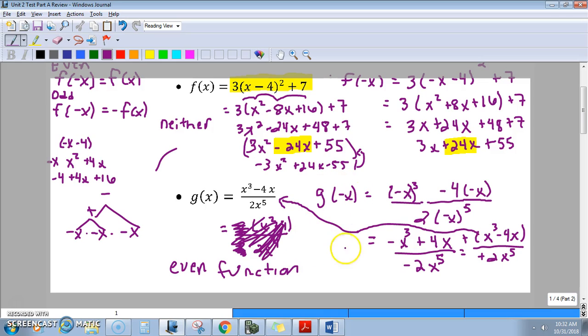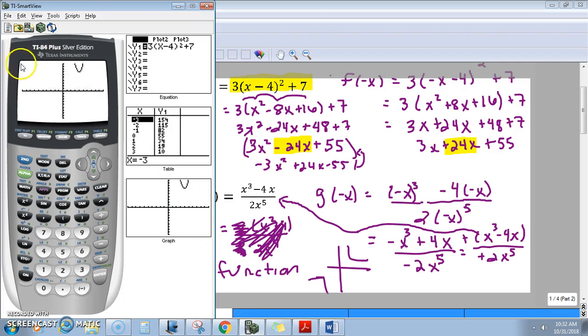Okay, and when you graph it on the graphing calculator, it's going to be some form of rational function, so let's do that so that we can see what it looks like. Don't forget I have to put the entire numerator in parentheses, so that's going to be x cubed minus 4x parenthesis divided by, might as well put this in parentheses, 2x to the 5th.